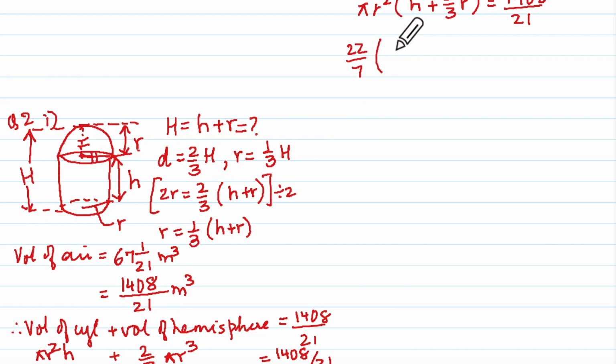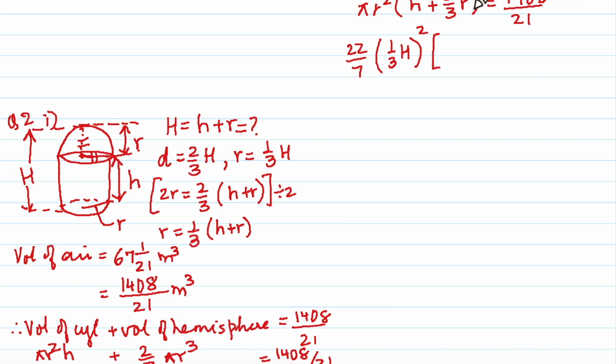So r square will become 1/3 h square, and here it will be h plus. Ma'am, can we do h equal to 3r? h is equal to 3r. Yeah, but there is capital H. Here there is no capital H, no?